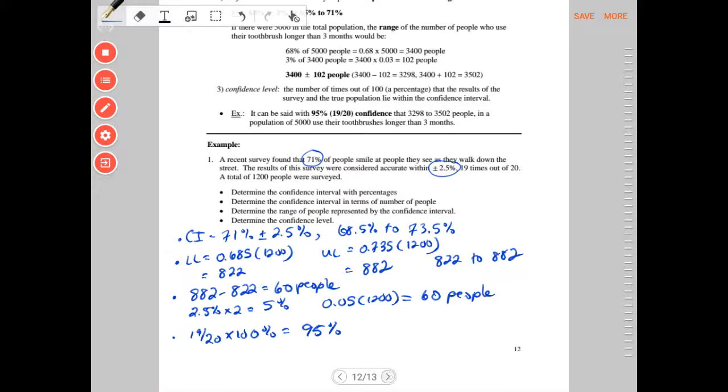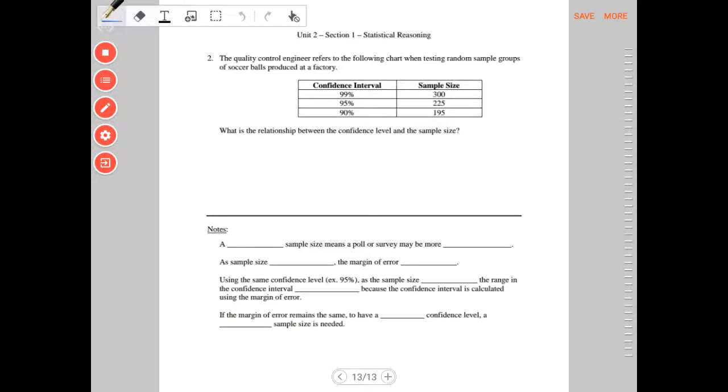Let's do our last set of examples, and then you folks are officially going to be done statistical reasoning. Example 2. The quality control engineer refers to the following chart when testing random sample groups of soccer balls produced at a factory. So here is a bunch of different confidence levels and sample sizes. What's the relationship between confidence level and the sample size?